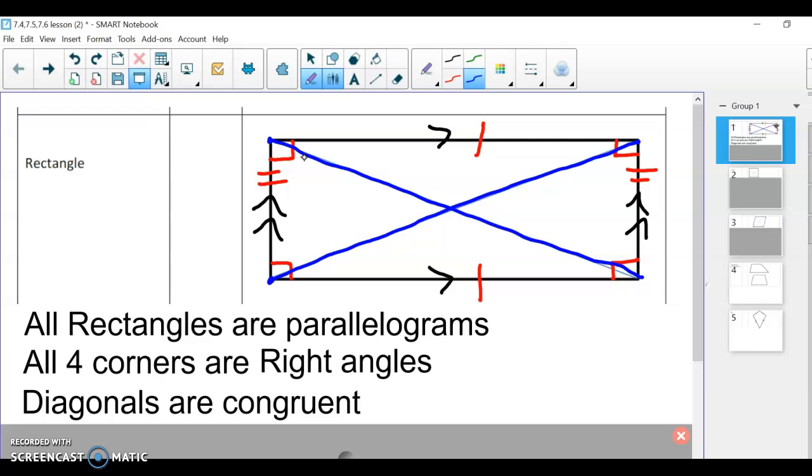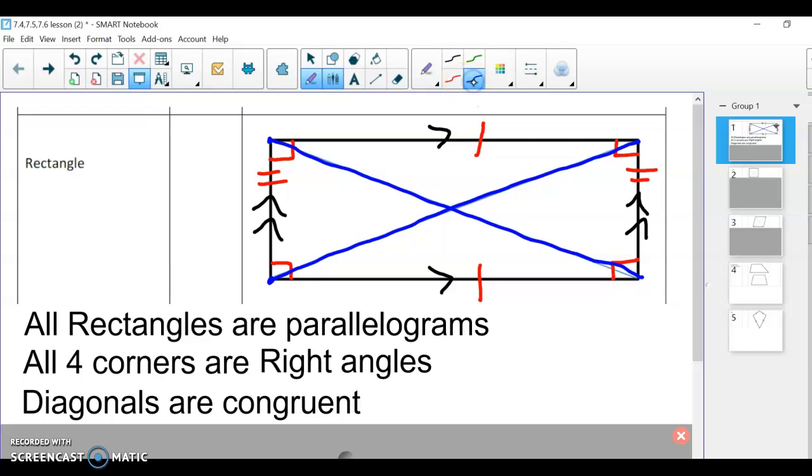Now, let's go back up to what we know about rectangles, that rectangles are parallelograms. Well, we learned that the diagonals of parallelograms are bisected. So if my 2 blue diagonals are each 10, then they're each bisected into pieces of 5.